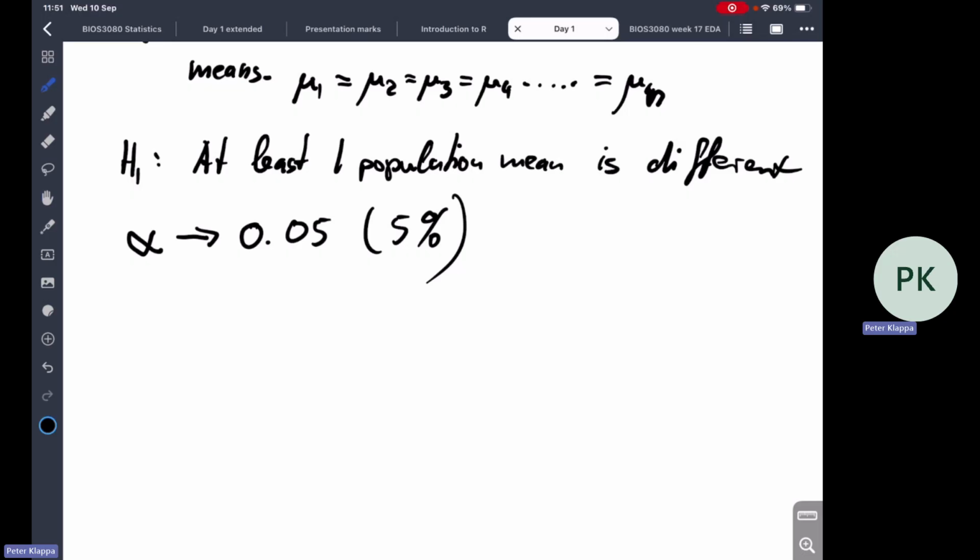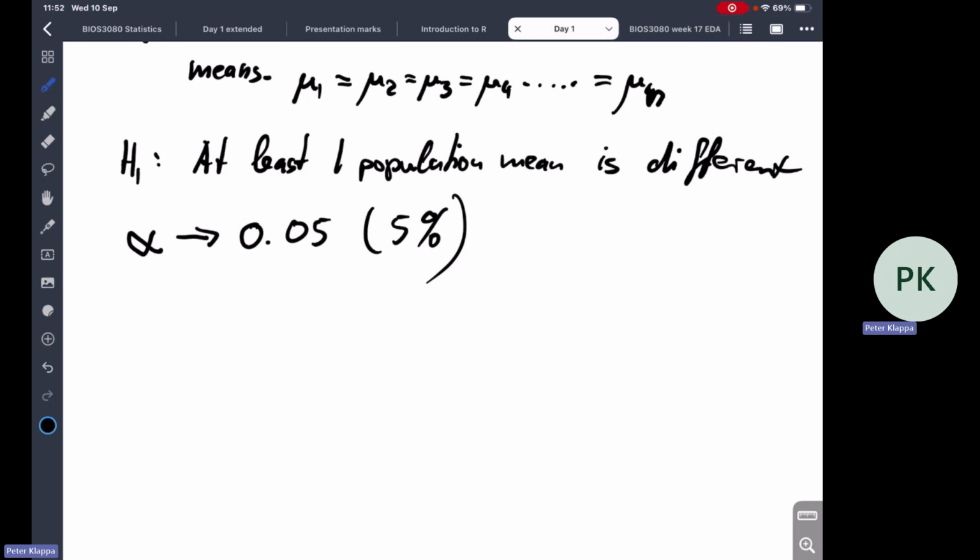So my advice would be, if you have 3 or 4 samples to compare, do these tests straight away. Don't bother with an ANOVA. Only if you've got more than 5 to compare, then you run the ANOVA, and I will put up on the website a YouTube video that shows you how you can do an ANOVA in Excel, if you really must. The big disadvantage of the ANOVA is it does not tell you which one is different.